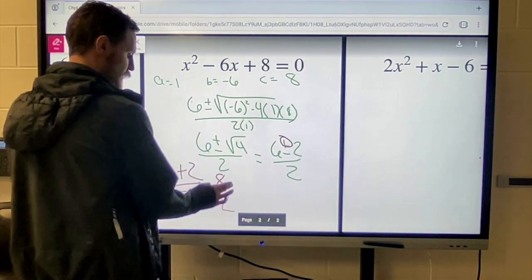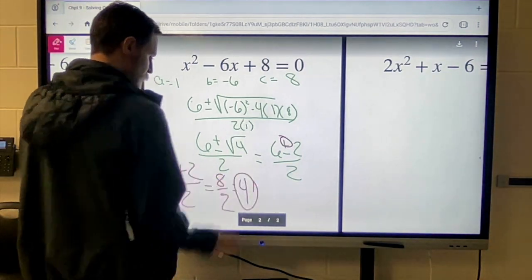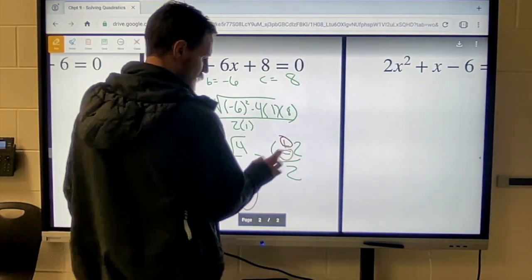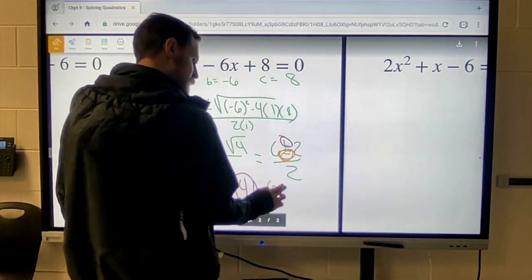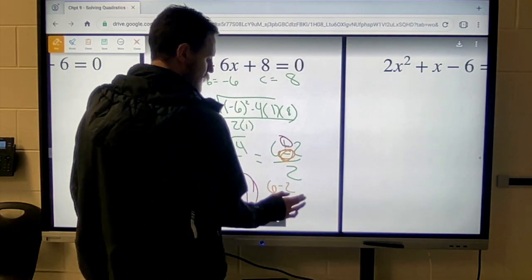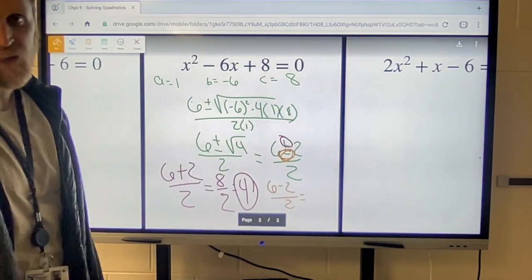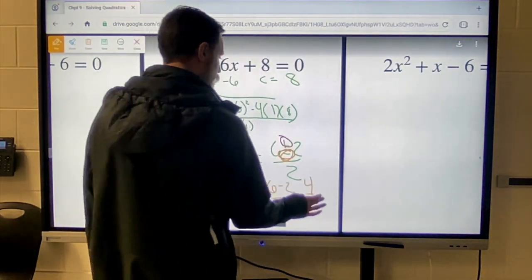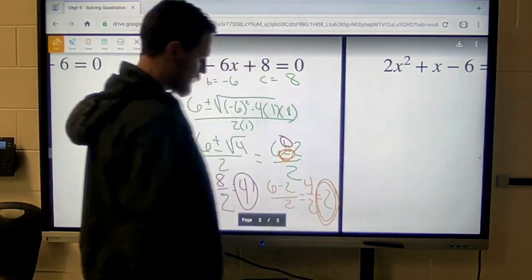So that would be 8 over 2. And that would give me a 4. And then I'll also do it where it's minus. So that would be 6 minus 2 over 2. Well, 6 minus 2 is 4. Divide that by 2 and I get 2. That would be my other answer.